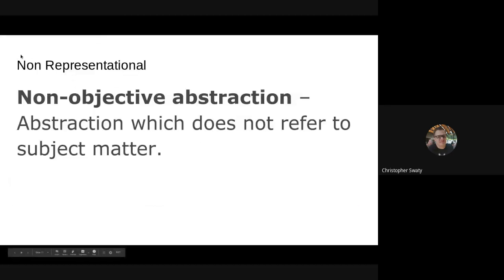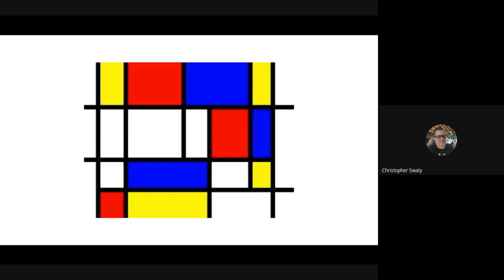Now, this is different because there's also non-representational or non-objective abstraction. This is abstraction that does not start from regular subject matter. Piet Mondrian is an example of non-representational art. He's not trying to show us anything.